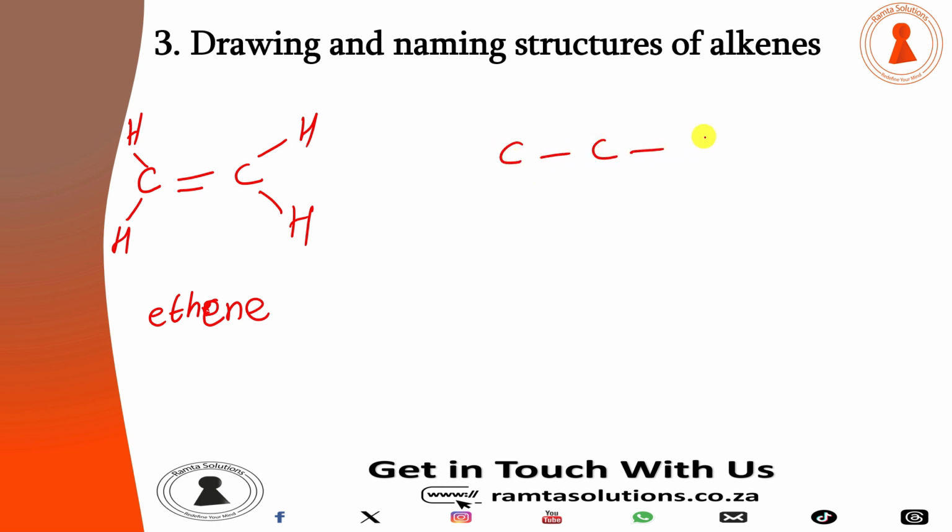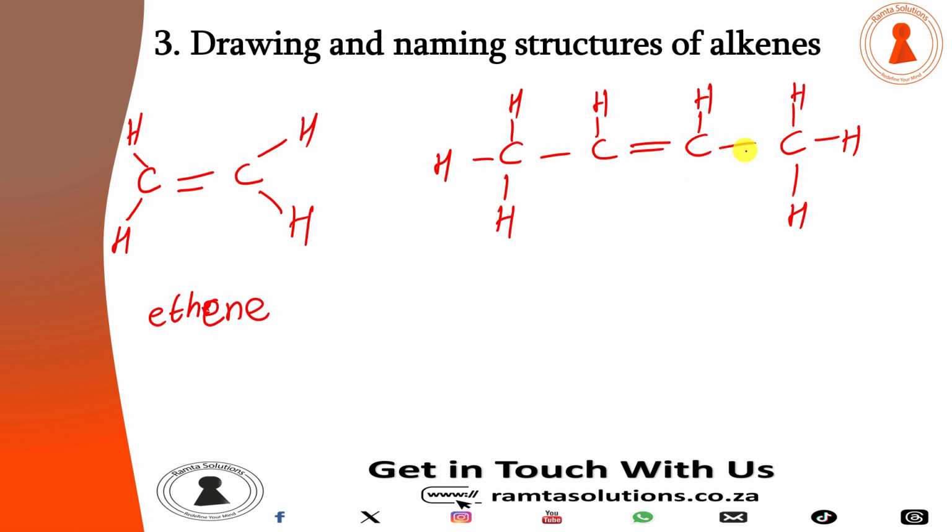Now let's try this one here. For this one, the functional group is at least one double carbon-carbon bond, so the suffix is ene. That means we also need to locate the position of the double bond.